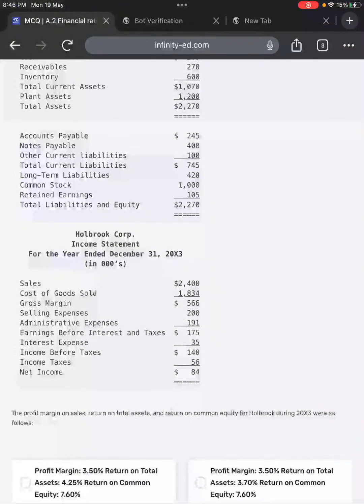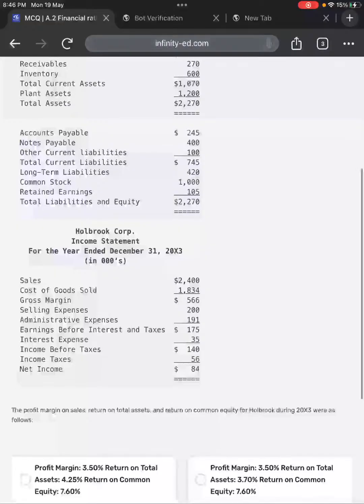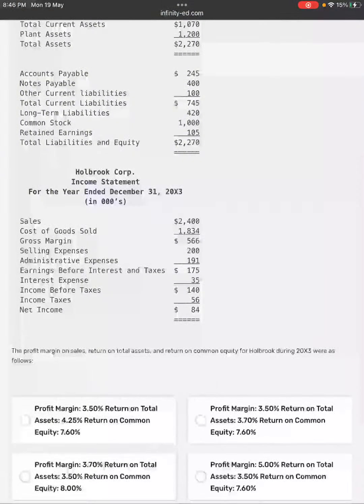Return on total assets: income is 84 divided by total assets 2270, times 100 is 3.7. Where do I find 3.7? 3.7 is coming in option B. I calculated one, and the option is already correct.